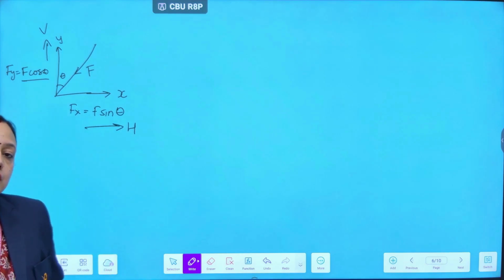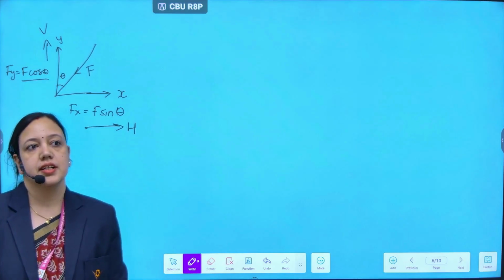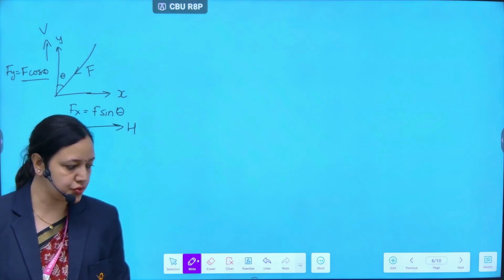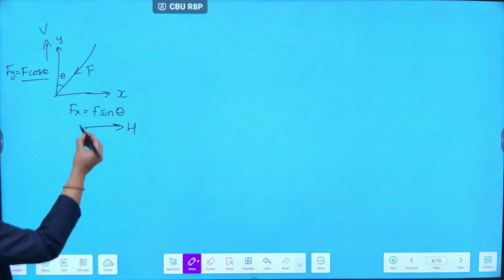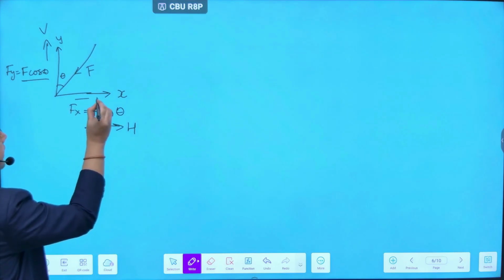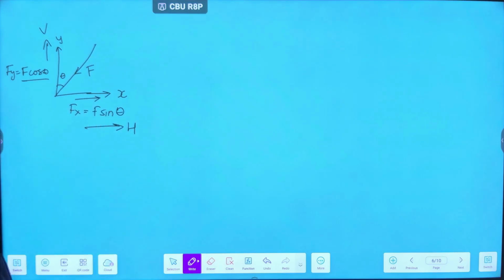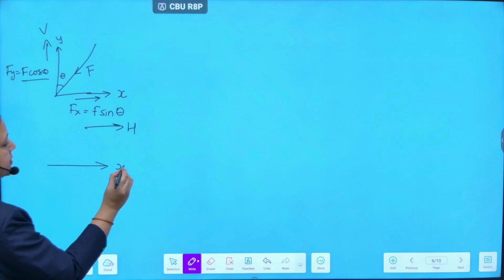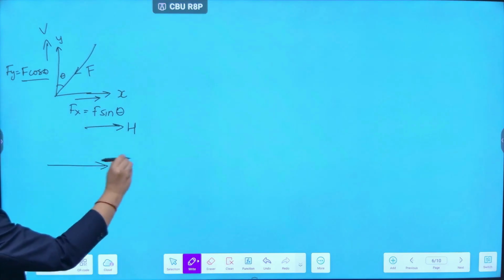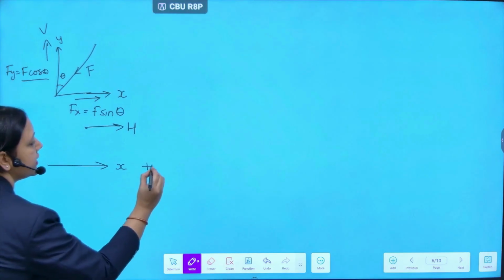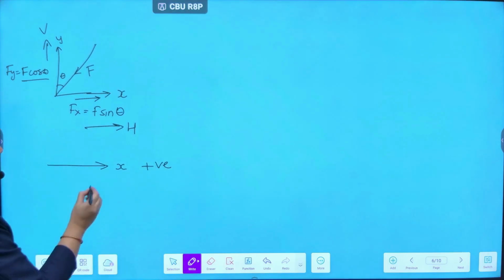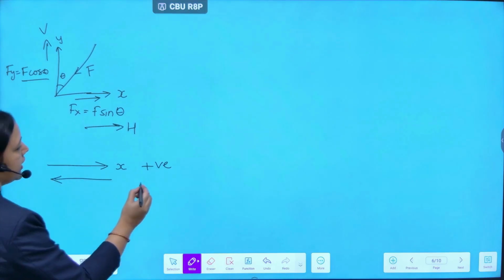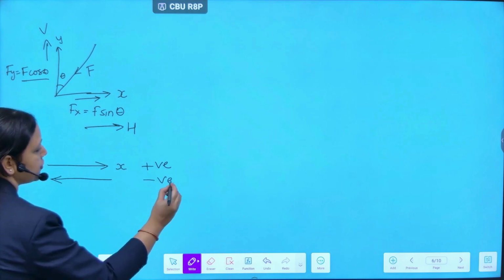Now let's try and understand the sign convention for calculation of the resultant force. If our force is acting in the direction of x axis, that is moving away, representing x axis direction, we will take it as positive. If the force is moving in the opposite direction, we take it as negative.